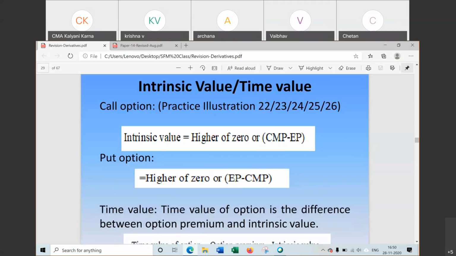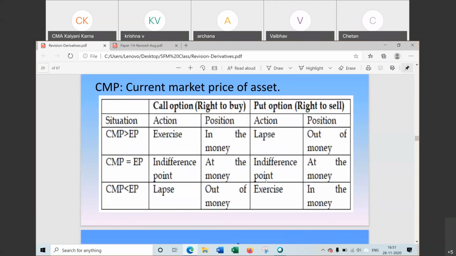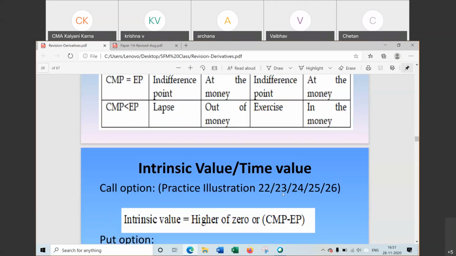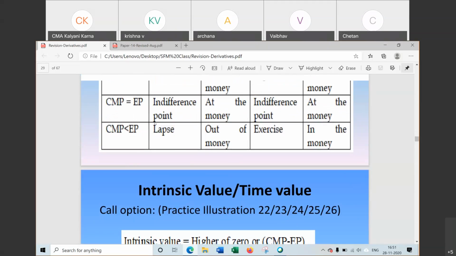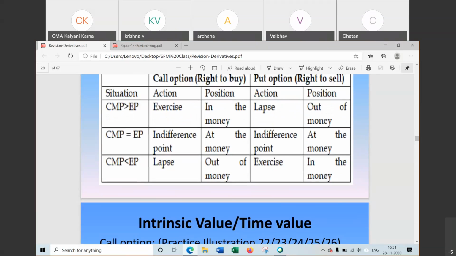For the put option, opposite will be this one, EP minus CMP, because when EP is greater, that is the in the money situation. So intrinsic value will be EP minus CMP. For a call option, when CMP is higher, that is the in the money situation, so it will be CMP minus EP. That will be the intrinsic value.